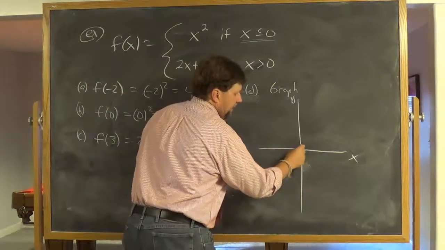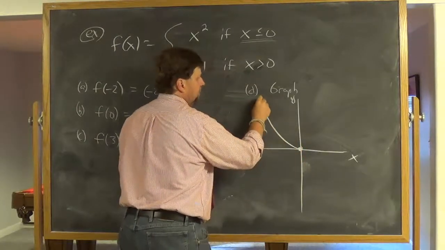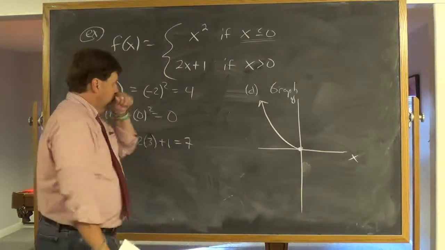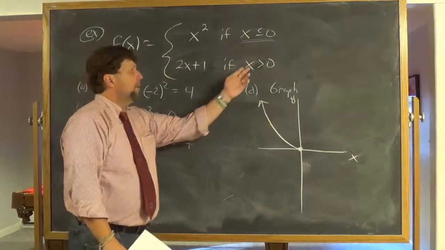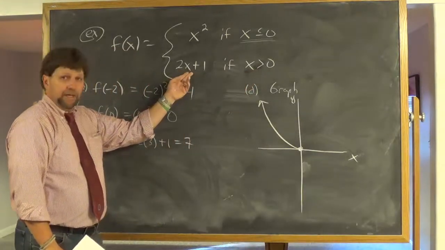So just that part of the graph of x squared gets graphed. When x is greater than 0, this is the piece you're graphing.